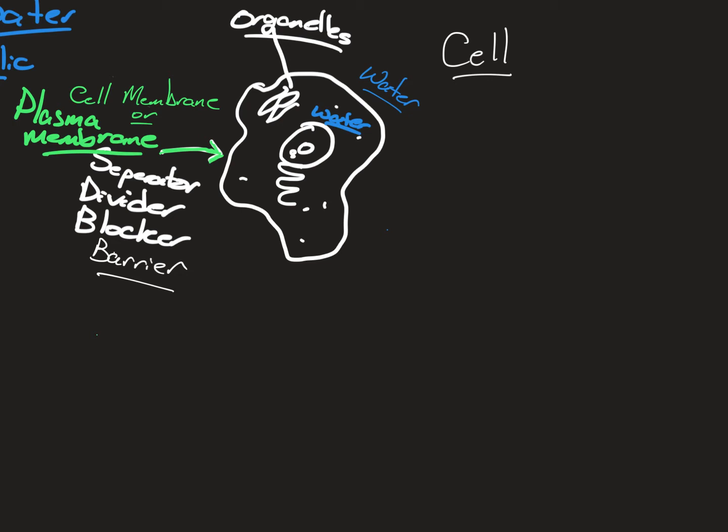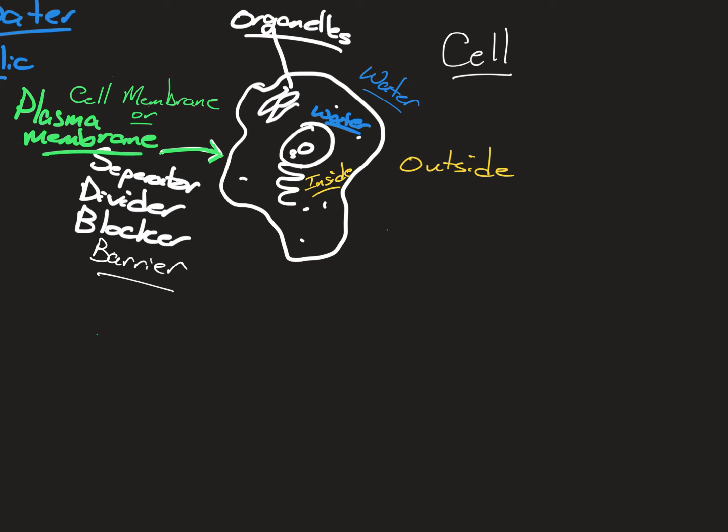Water where and water where? Inside versus outside. So you have an outside and you have an inside. So now you have water outside and water inside, but only because you have a room, right? Only because you have a separator, a divider. Does that make sense? Okay.